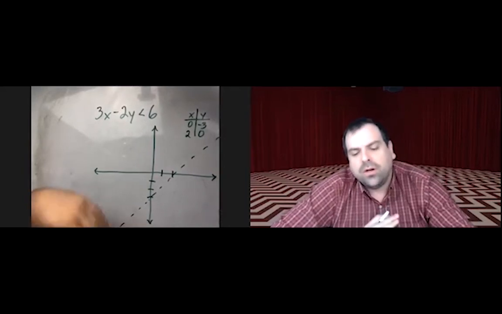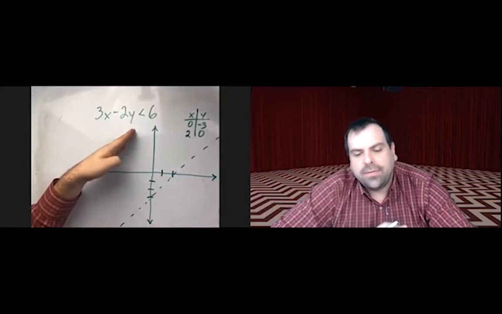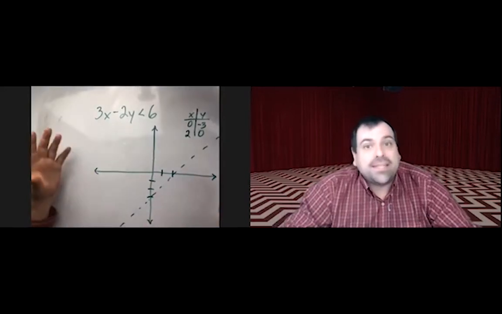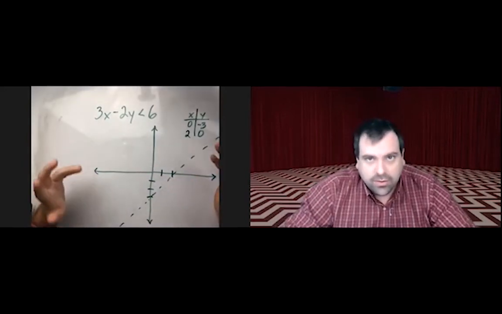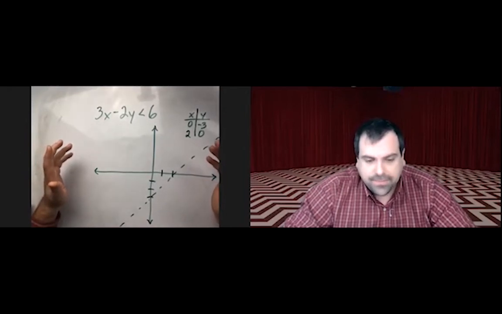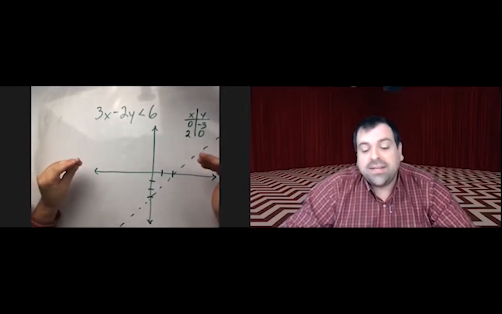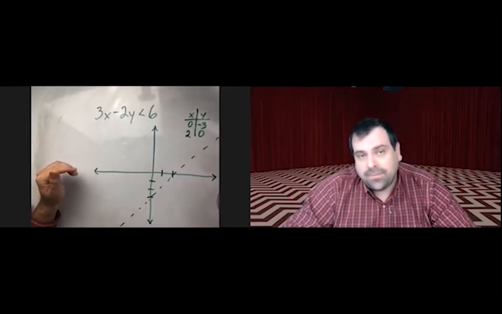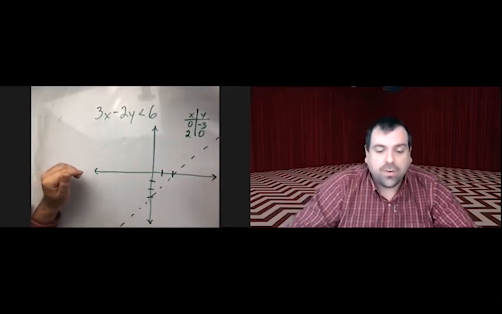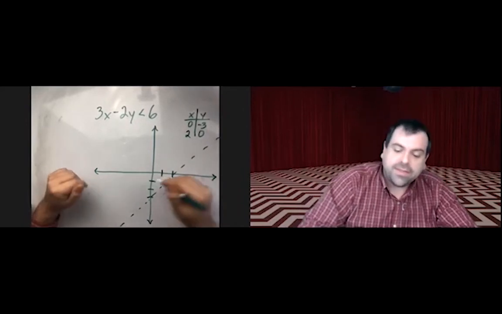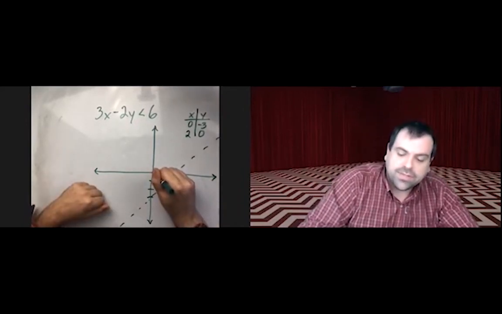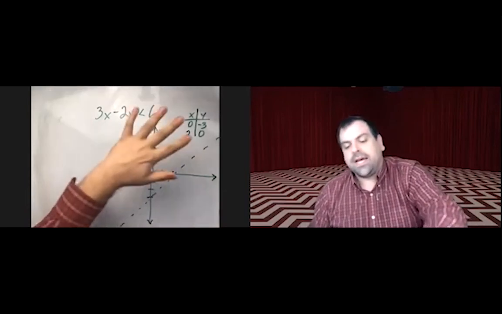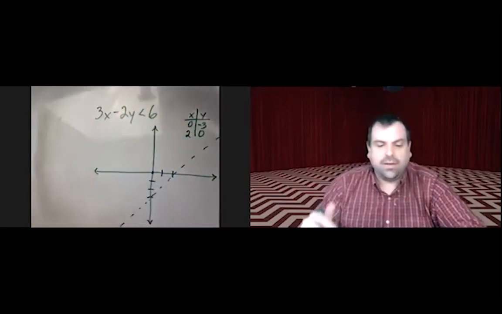Now, to account for less than, we need to do a test, just like we did with our other inequalities. Here, the test is going to be, does this point satisfy the inequality, or does it not? So I'm going to pick this point right here, 0, 0, clearly on this side of the dashed line.